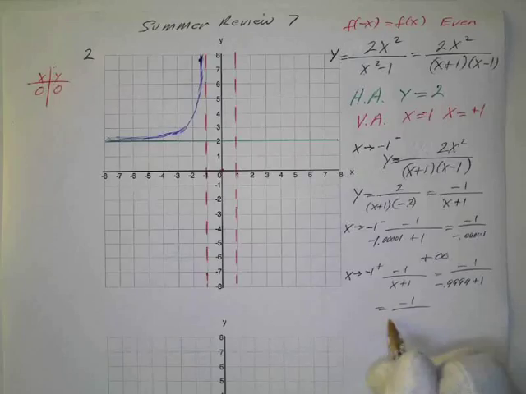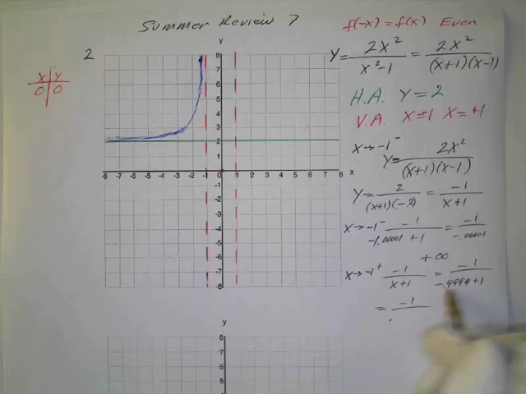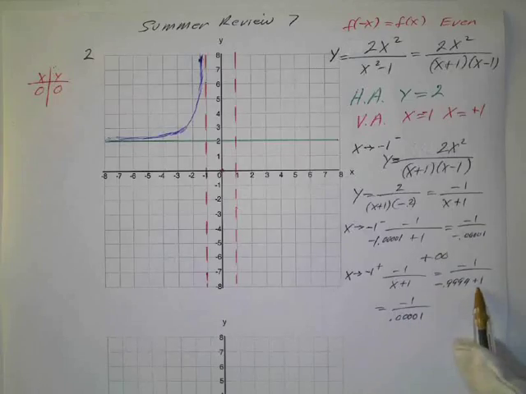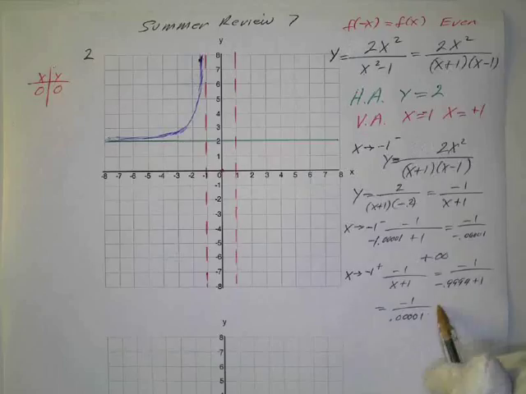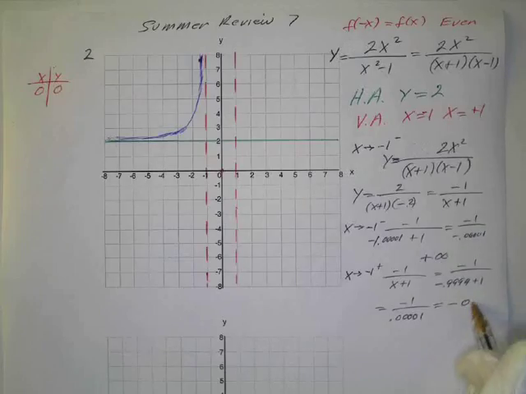So it's going to be positive point, and then 1 minus 0.99999 is just positive point, a very small number, because this is real close. So I got a very small number, but it's positive because 1 is bigger than 0.9999. So I got a negative over positive, that's a negative. And 1 over a very, very, very small number is a very, very large number, or infinity. So I'm going to be down here at negative infinity.